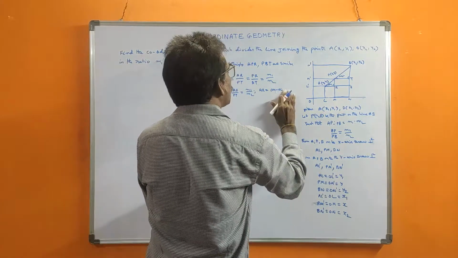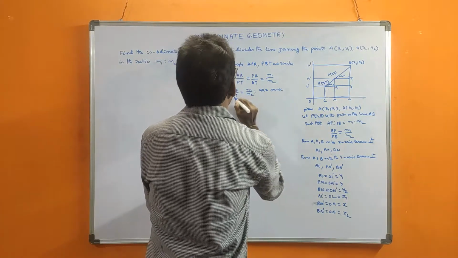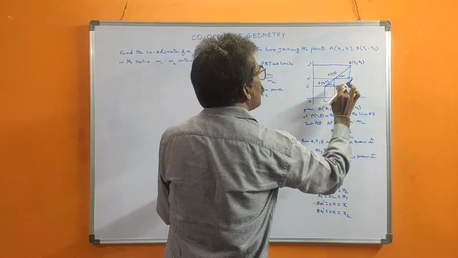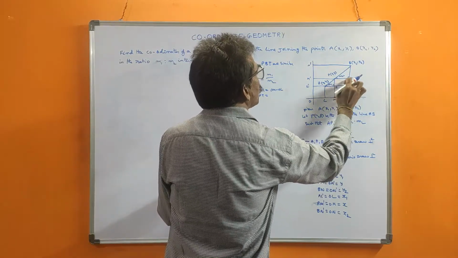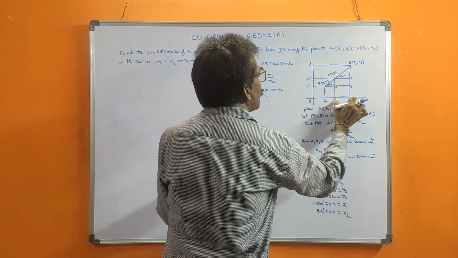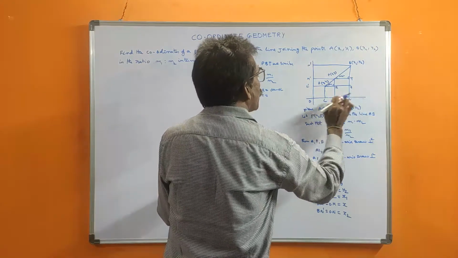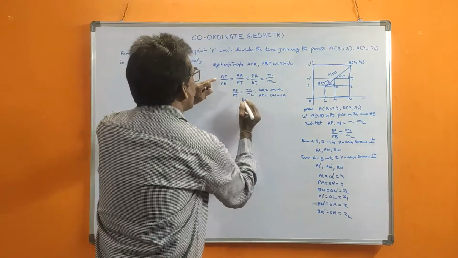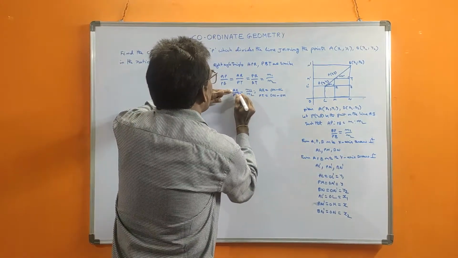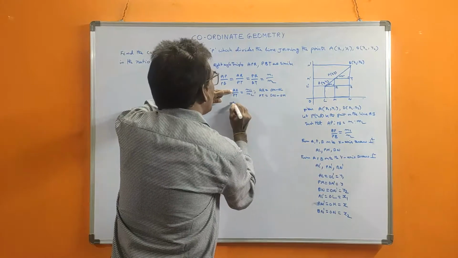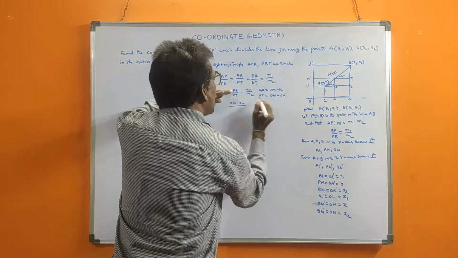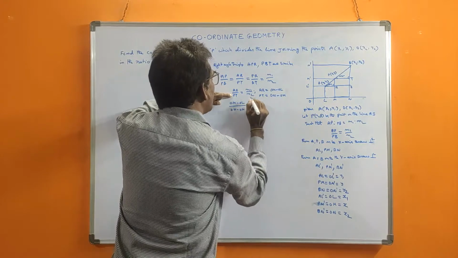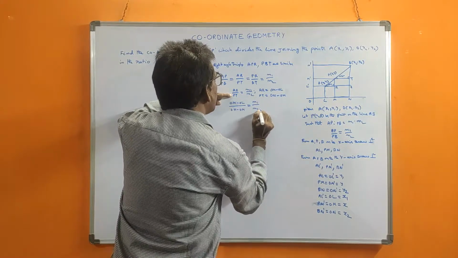Now for PT also you write. PT is this one, so this is MN. MN, how can you write? ON minus OM. So instead of AR we can write OM minus OL, and instead of PT, ON minus OM, is equal to M1 by M2.